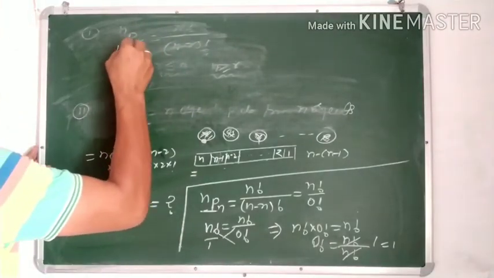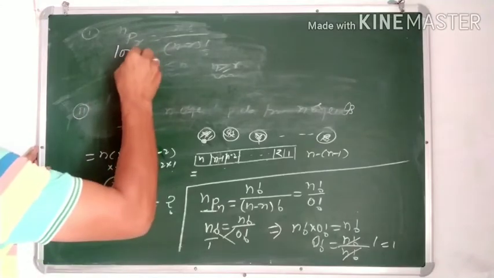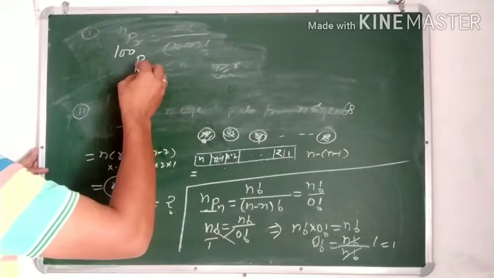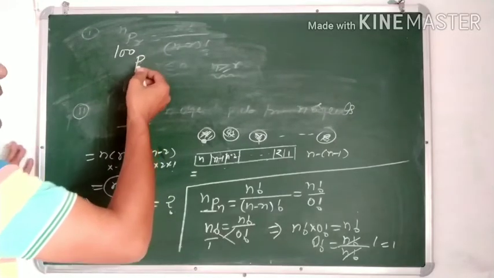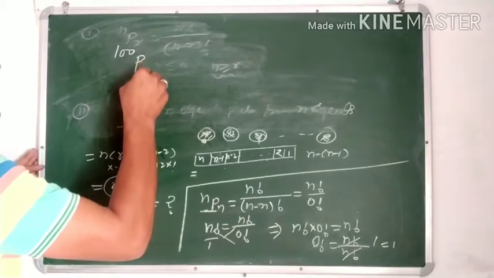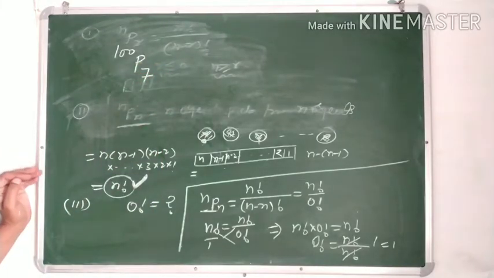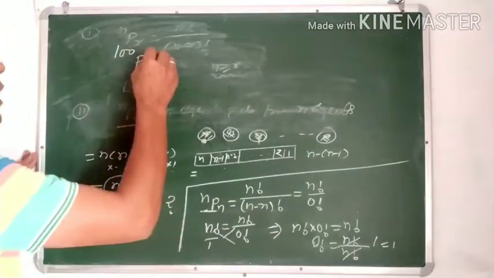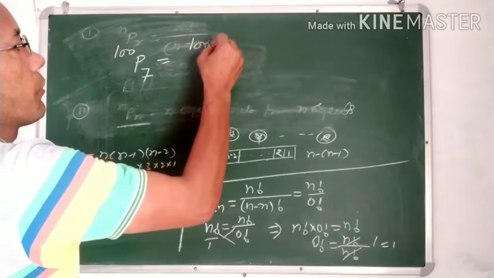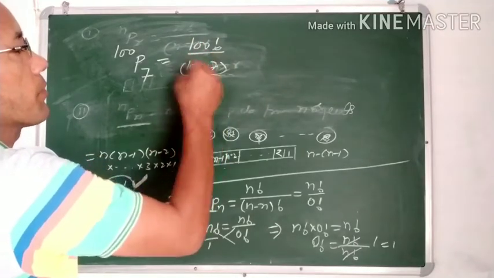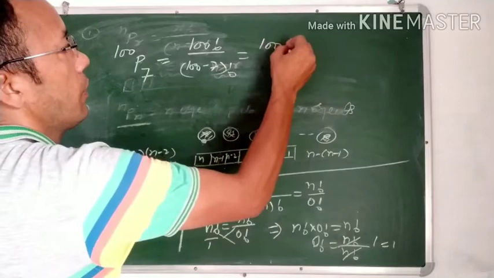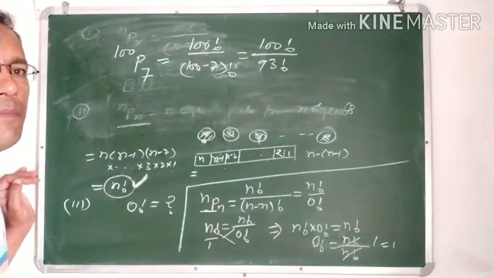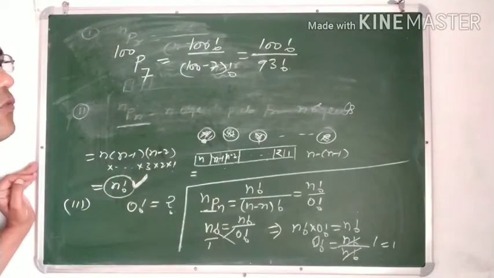If we have 100 objects and we have to pick, say, 7 out of 100, this is 100 factorial divided by 100 minus 7 factorial, which must be in brackets. This is 100 factorial divided by 93 factorial, right? You can leave the answer like this, 100 factorial upon 93 factorial.